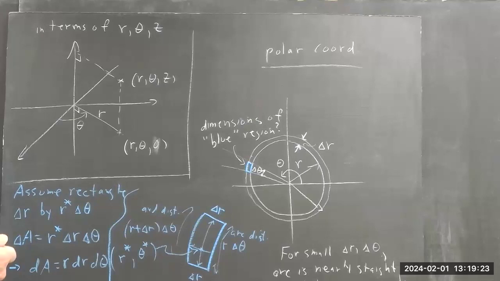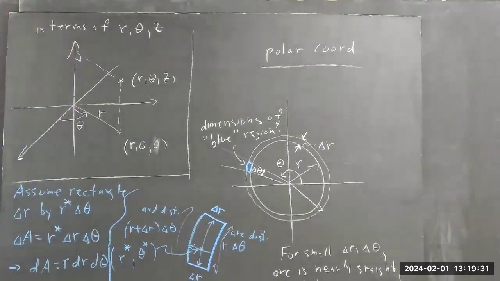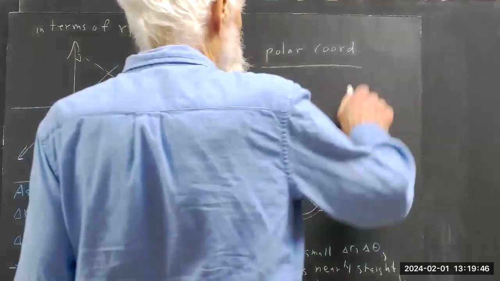Okay. Well, that's pretty much it, except maybe we want to figure out what the X, Y, and Z coordinates would be. But the X and Y coordinates are just straightforward from what you know about polar coordinates.